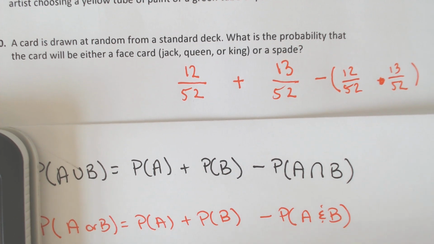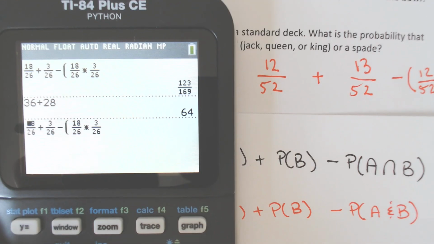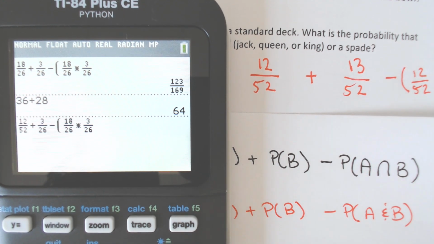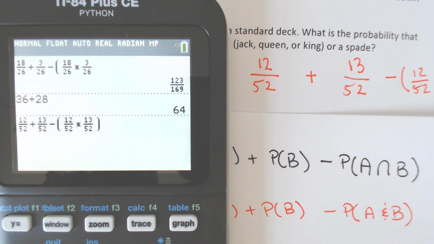So, typing in the values, I'm going to type it over the previous one that I just did, 12 out of 52, added with 13 out of 52, minus 12 out of 52, times 13 out of 52, is, bink, 11 out of 26.